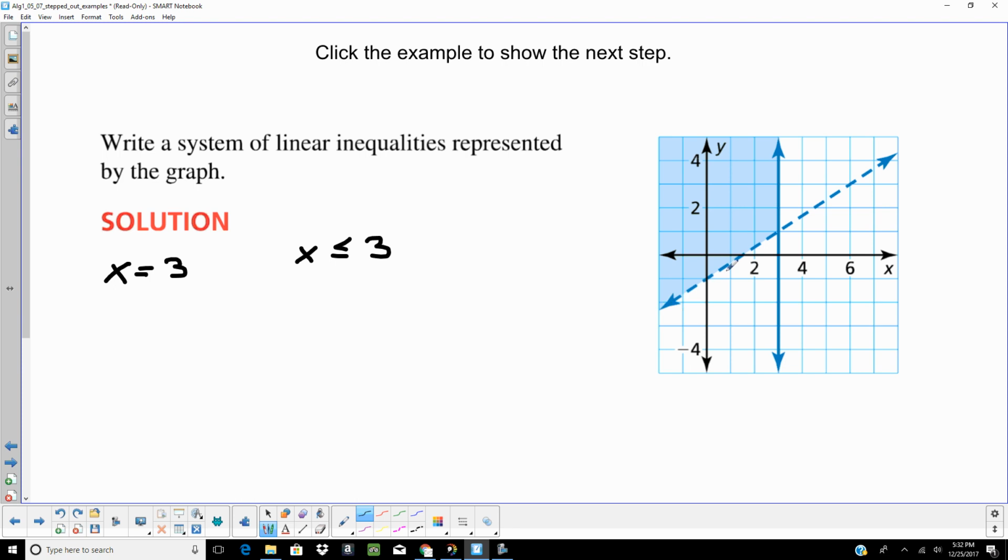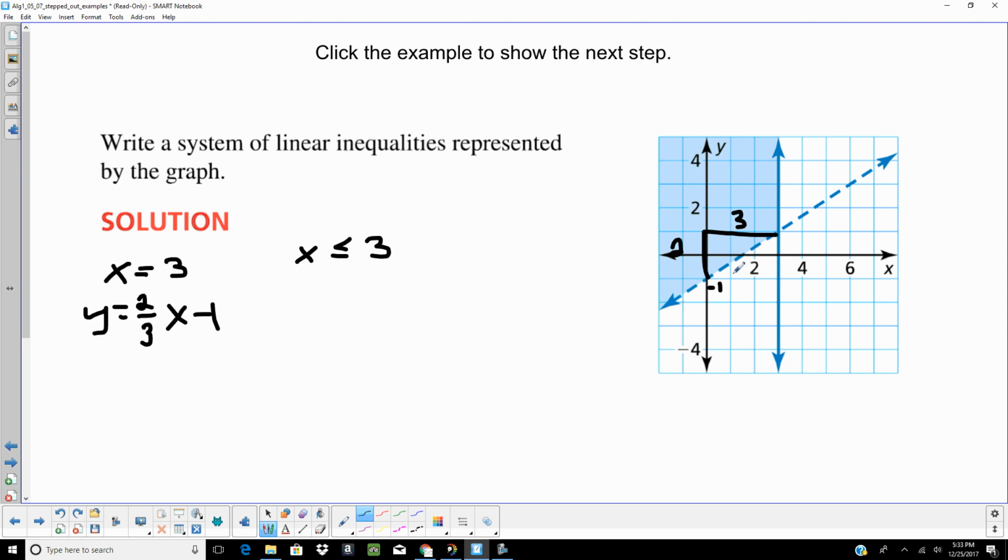Now, let's go ahead and get our boundary line for this dotted line. Well, my y-intercept is -1, and my slope, looks like my rise over run is 2/3, so y equals 2/3x minus 1.